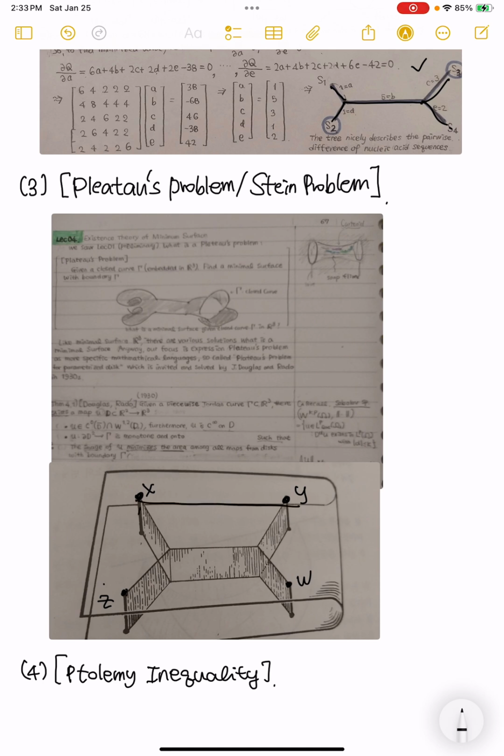For example, the square is one way to connect the four points.